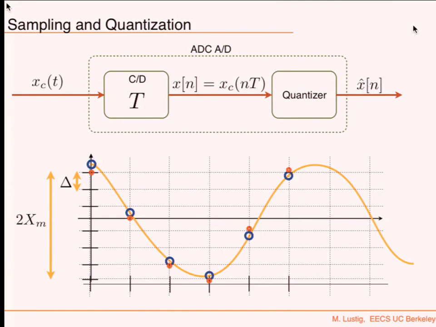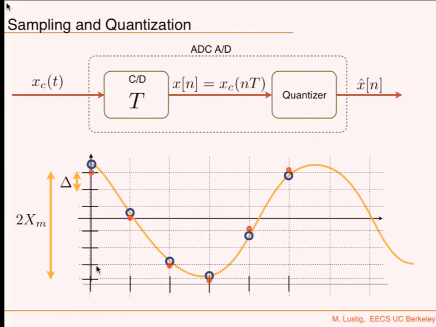That's the quantized signal. So if I've got a sinusoid coming in, and the values of the sinusoid where I evaluate are the big circles. I have a certain dynamic range of the signal that comes in.